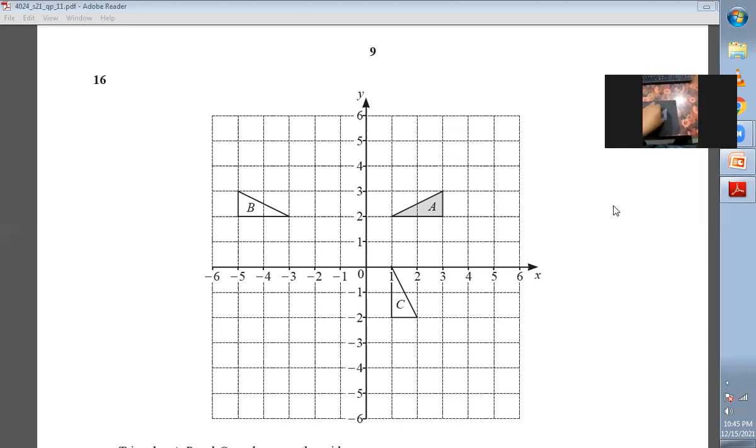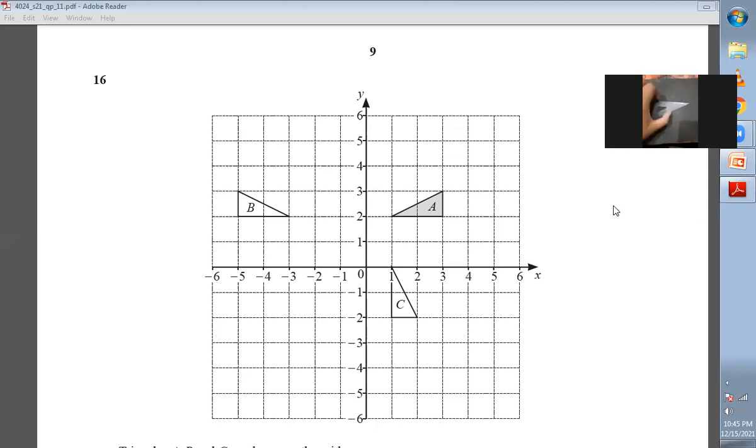Now I will rotate it. Now you see this is not coinciding.